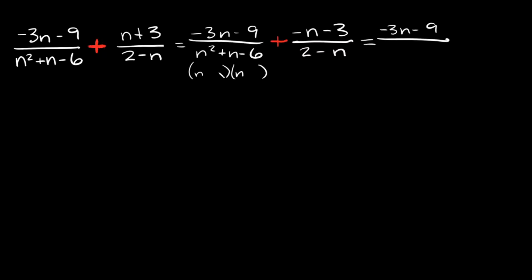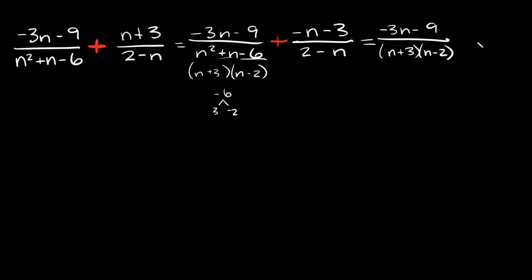And then the two numbers: look at your last number, negative 6. What numbers multiply together to get negative 6 and also add up to positive 1? In this case, it would be a positive 3 and a negative 2. So that's what goes in the denominator where we factored it: n plus 3, n minus 2.